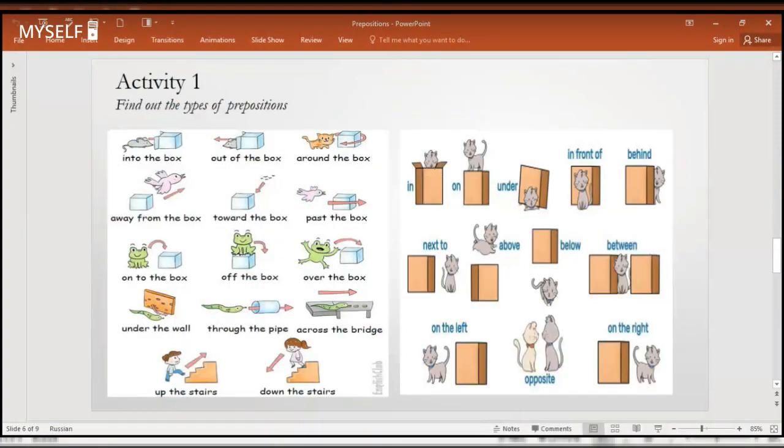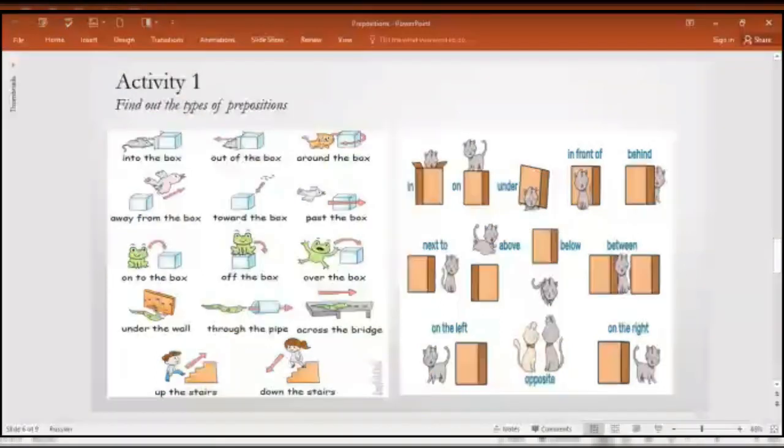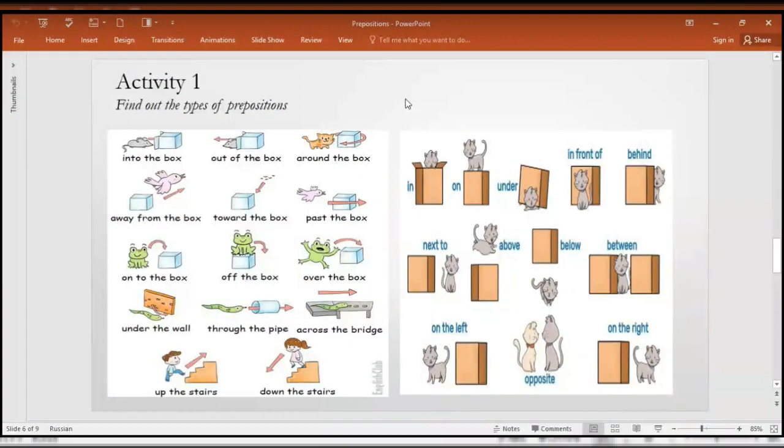I guess you are quite good at finding out what kind of prepositions these are. So now you are going to label what kind of preposition it is, and I'm going to help you. It is time for you to tell what kind of prepositions these two pictures show. Let's label the first one.